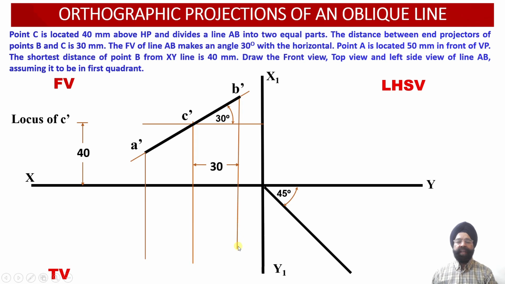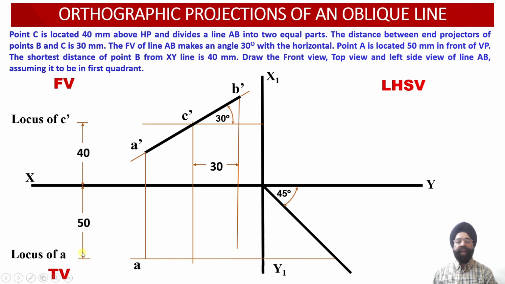Similarly, onto this vertical projector into the plan, we are going to locate the point B. Now we have been provided with the coordinate locations corresponding to the points A and B in the top view projections. Point A is located 50 millimeter in front of the vertical plane. One horizontal locus line we are going to draw at a distance of 50 millimeter in front of the vertical plane.